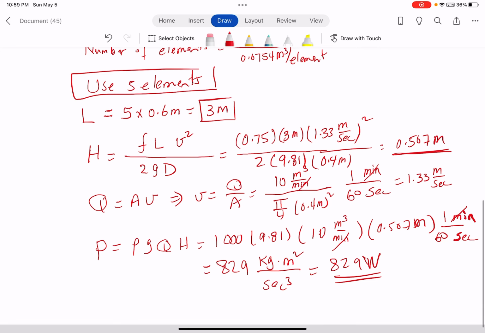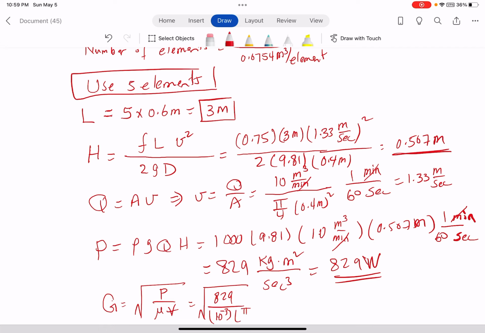Then let's see how much this is equivalent to in G. Remember the equation of G, the mixing intensity: square root of power over mu times the volume. The power is 829 watts. Mu, the viscosity for normal temperature, is 10 to the minus 3; you have to find mu based on the temperature given.